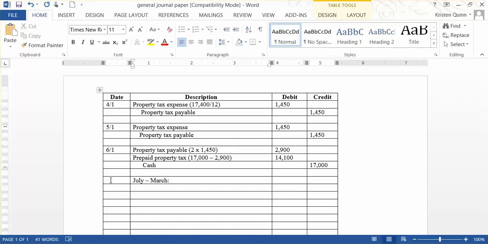We would debit our property tax expense, and it would be for a portion of that prepaid value, so $14,100, and we would divide it by the 10 remaining months that we have from July through March. So each month we'd have a $1,410 expense, and we would reduce then our prepaid property tax by that same value.